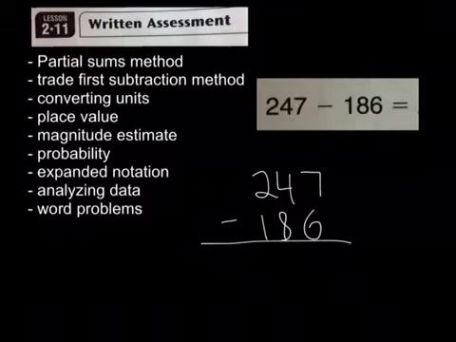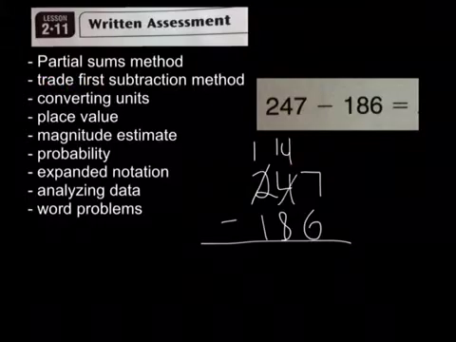But when we continue on, we know that something's going to have to change here. Before you do anything, you must trade first. So the 2 will become a 1, and the 4 will become a 14, and that is what we call trading first.